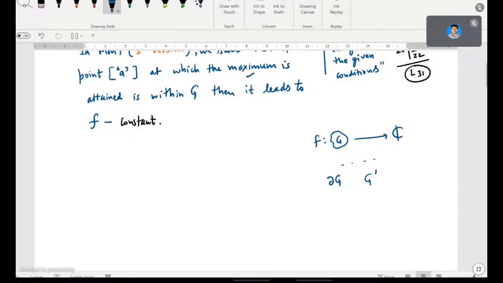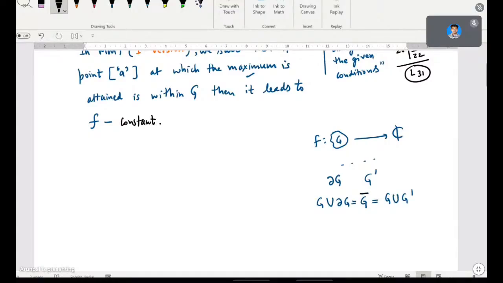And class, you know that if you take this G along with the boundary of G, or if you take G along with its limit points, in both the situations, what do you get, class? You get G closure, right, class?